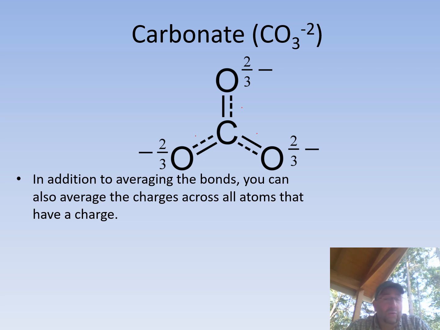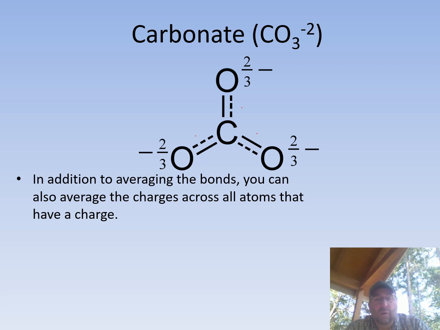So what we can do is take the average of the charges and average them among the 3 oxygens. There's a -2 charge, but it's divided by 3 oxygens, and that gives us a -2/3 charge that each oxygen has on average. At the same time, the bonds are a single bond in every location with 1 extra bond being shared among 3 oxygens.